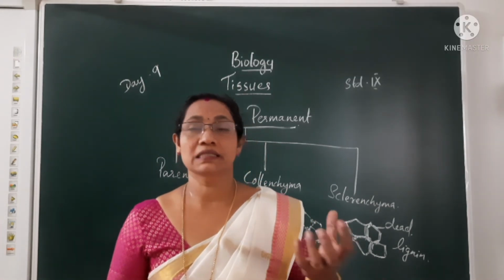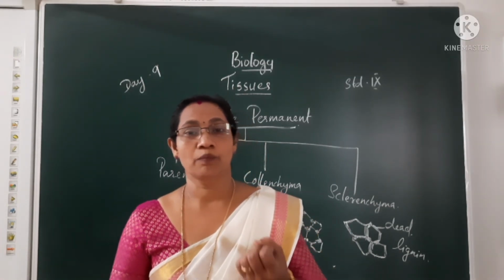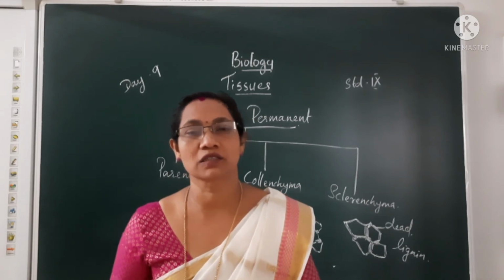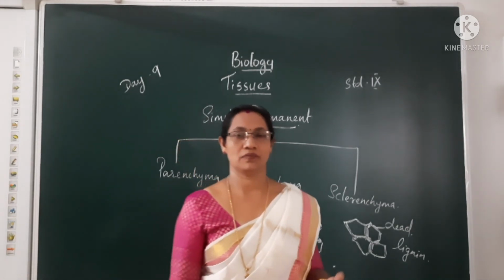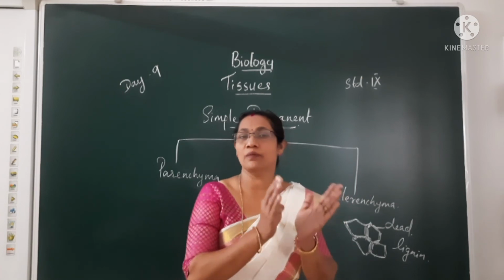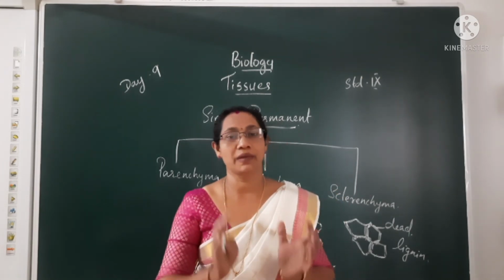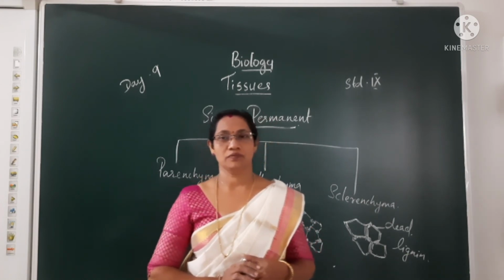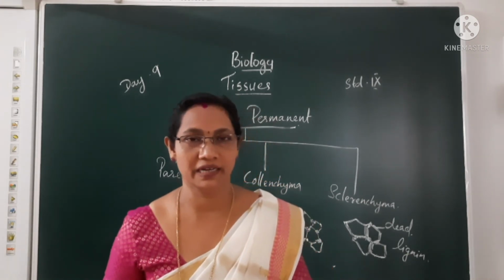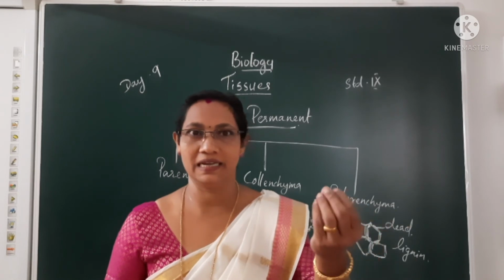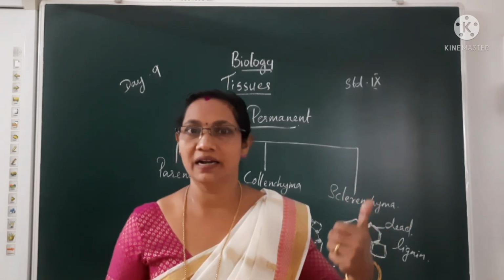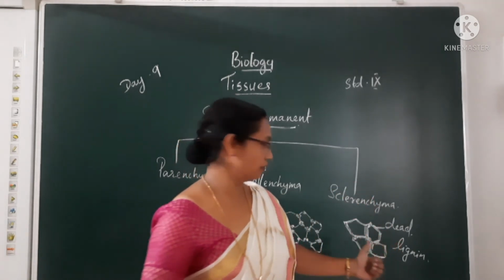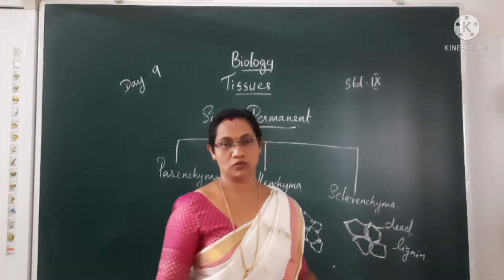Okay, so these sclerenchymatous tissues provide structural strength to the plant parts. Most of the hard parts of the plant are made of these sclerenchymatous tissues. The husk of coconut, that is very hard in nature, is made of sclerenchymatous tissues.